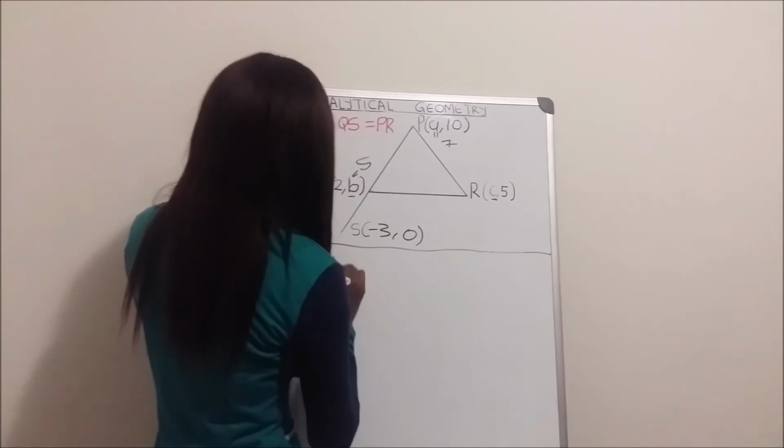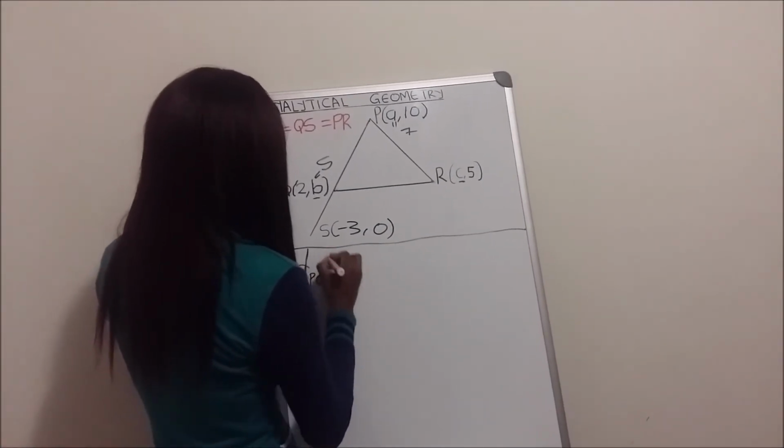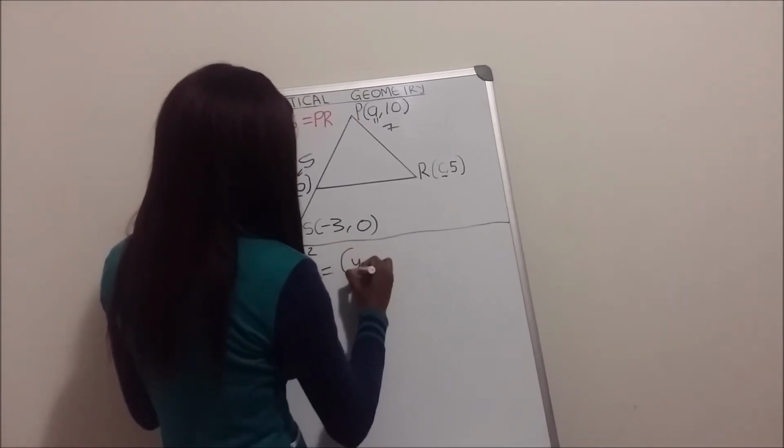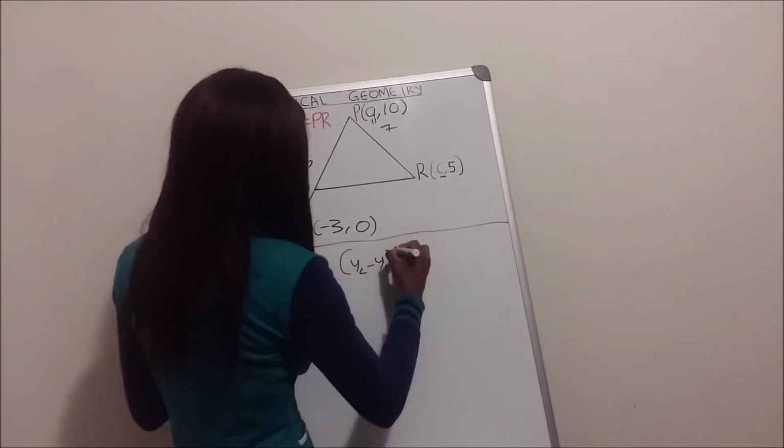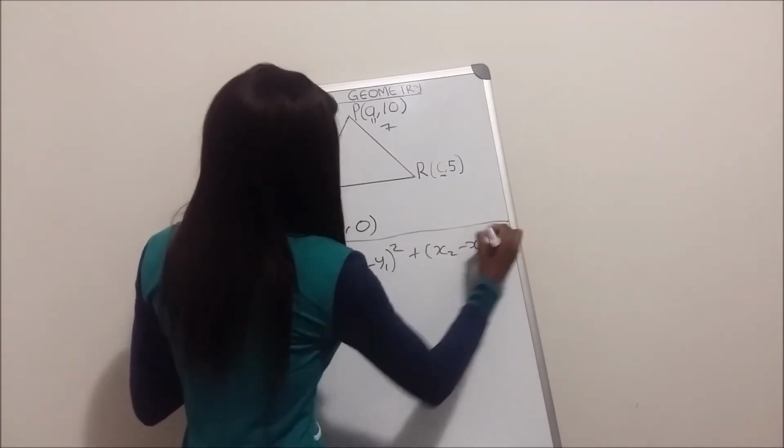The distance formula: the distance of PQ squared is equal to y2 minus y1 squared plus x2 minus x1 squared.